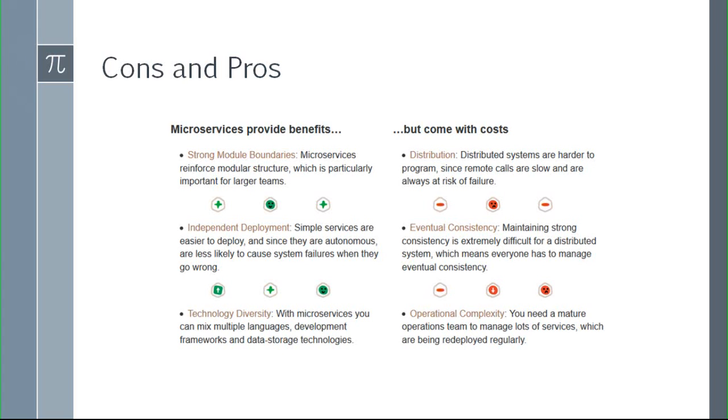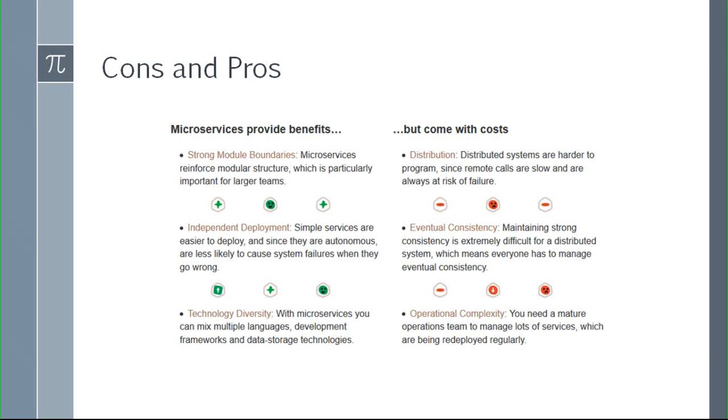But when you use microservice architecture, you will have more latency and also the risk of failure. Maybe you communicate between services, sometimes from one server to another server, from one Docker container to another Docker container.